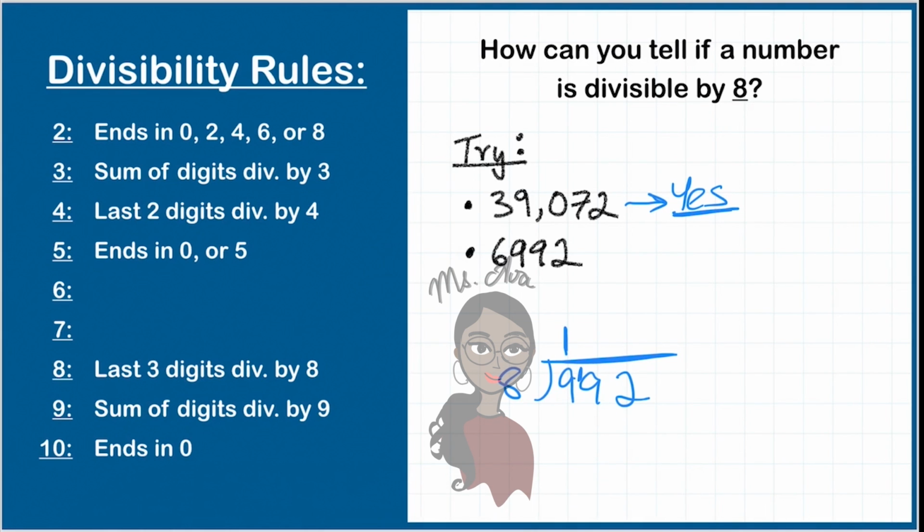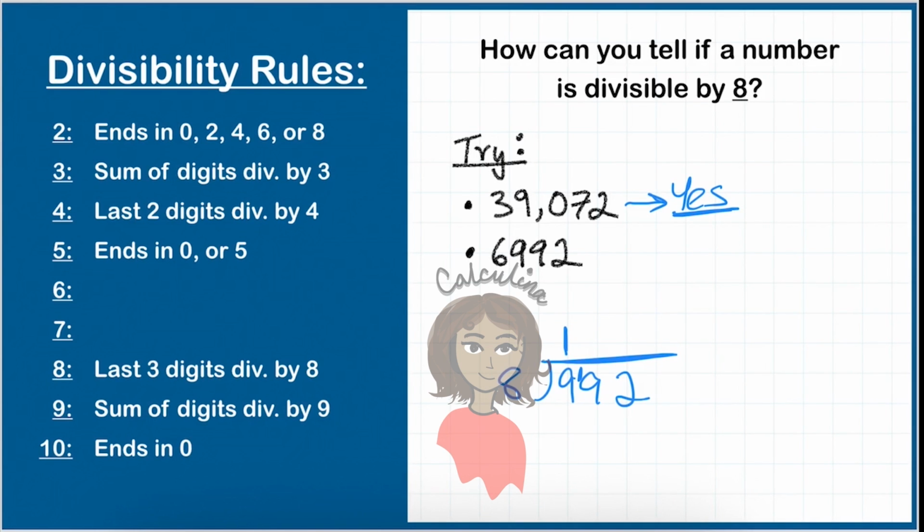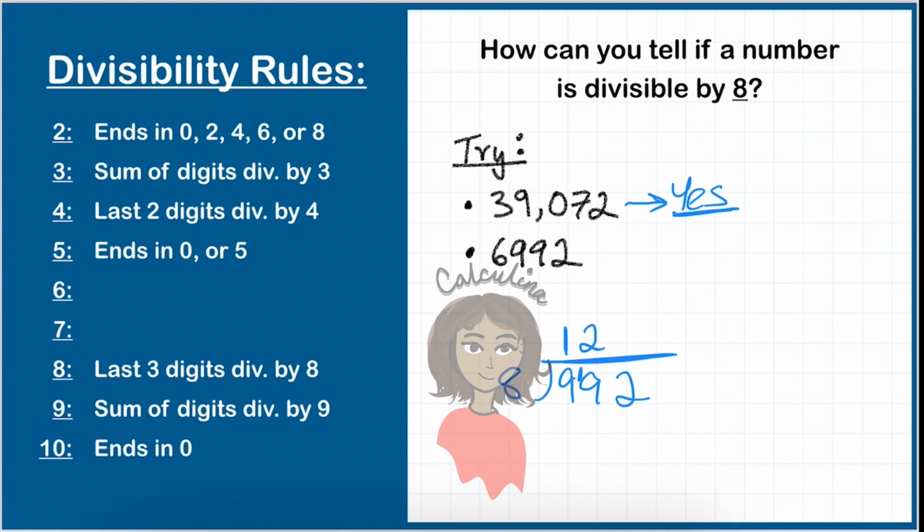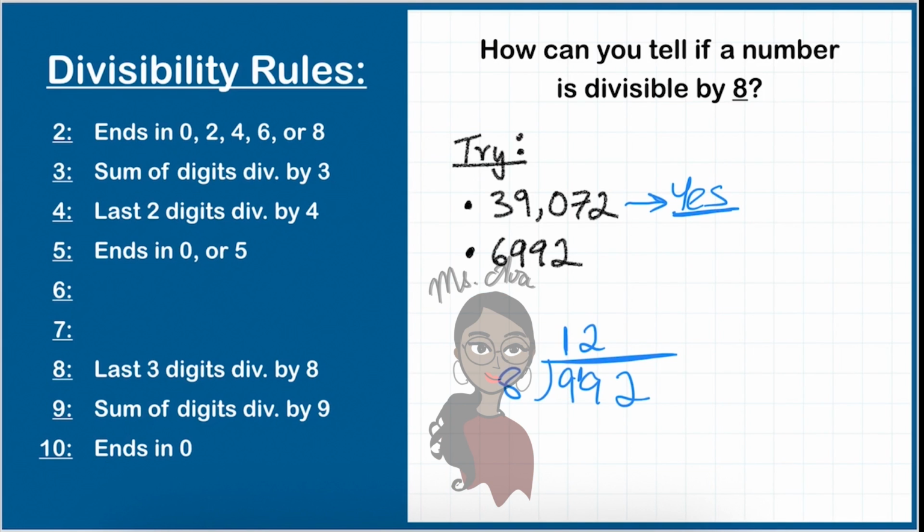And so how many times can 8 go into 19, Calculina? 2 times? Yes, so I put the 2 up here, and 8 times 2 is 16. And when we take that away from the 19, what do we get? 3. Awesome. So I write the little 3 over here, so it now looks like a 32, and I'm doing 8 into 32.